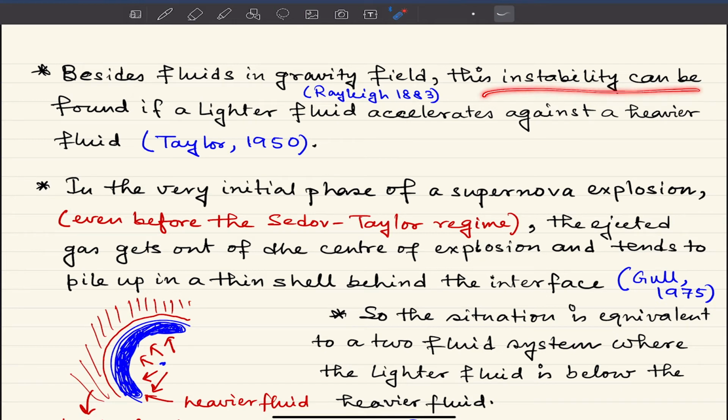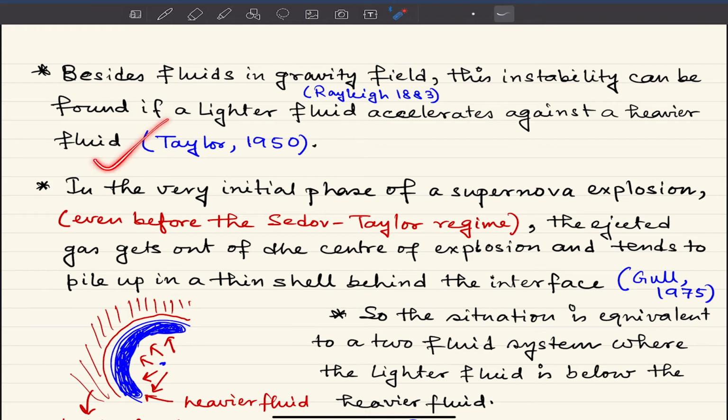But this instability can also be found if a lighter fluid accelerates against a heavier fluid. So the gravity field can be any other accelerating field, right? If of course the accelerating field is acting as a conservative body force field, that is something very important. Otherwise that cannot be written as a gradient of some potential function, and the generalized form of the Bernoulli equation cannot be proved easily.